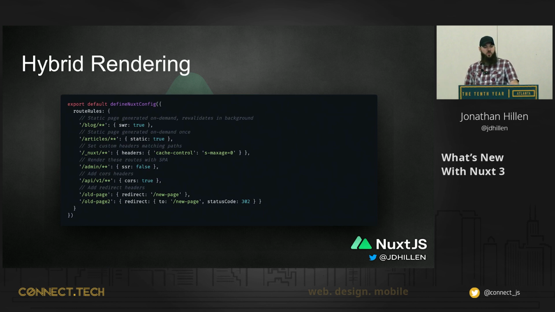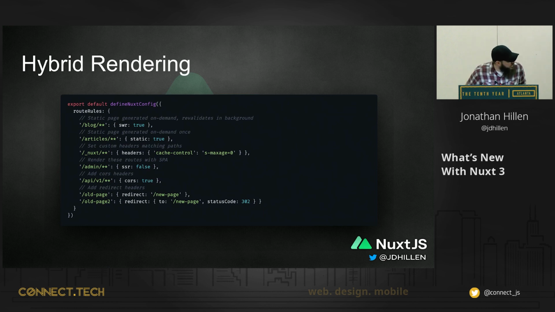But one of the cool things with hybrid rendering is that sometimes you want more fine-grained control over the rendering. So certain pages would be static site generated, some of them would be server-side generated, and this example up here is kind of a way that you can set that in your defined Nuxt config. So like, let's say that first one right there is a blog.